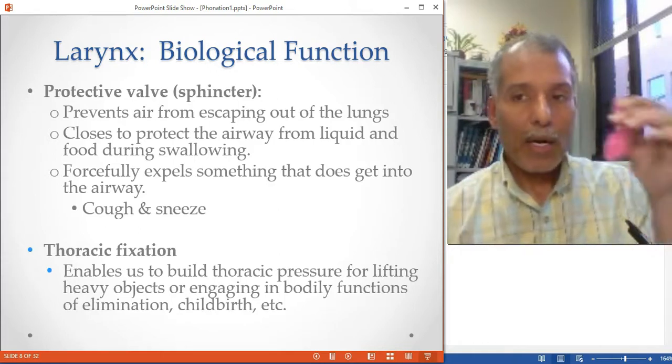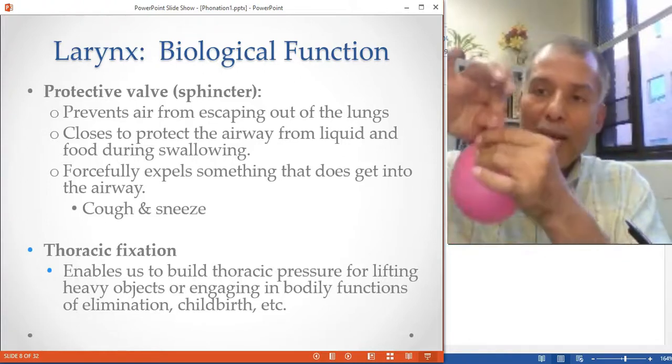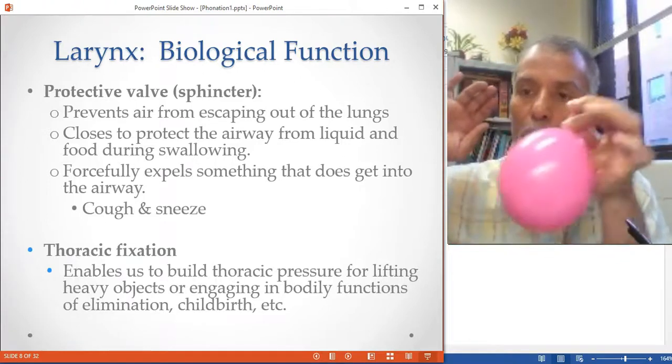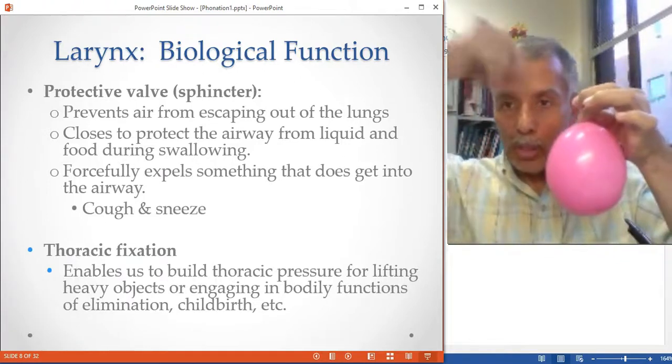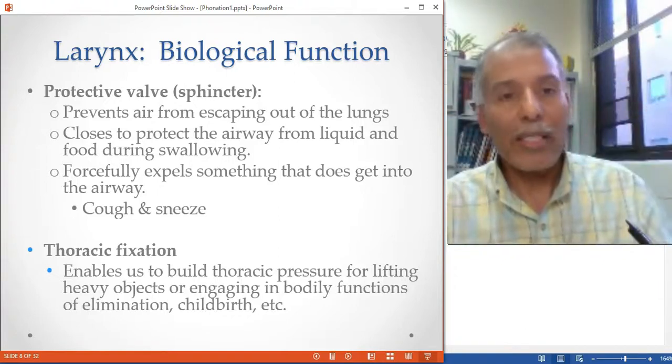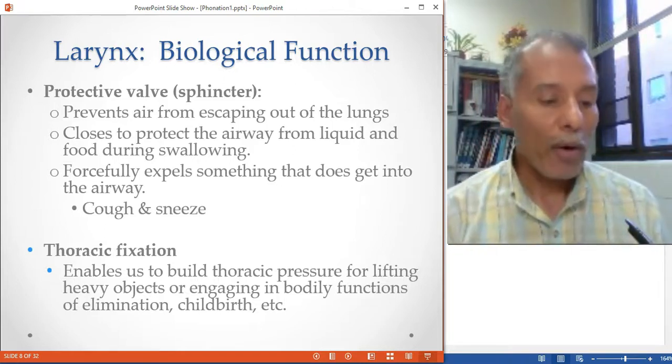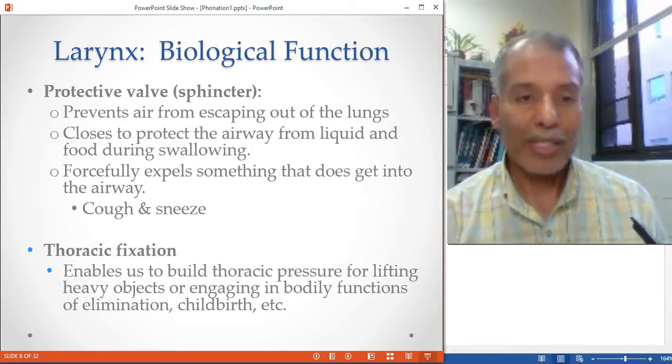You have the air, and then you can close that airway to control what is coming in and what is going out. So the larynx is the valve, the sphincter that controls the upper airway, the entire airway, as a matter of fact.